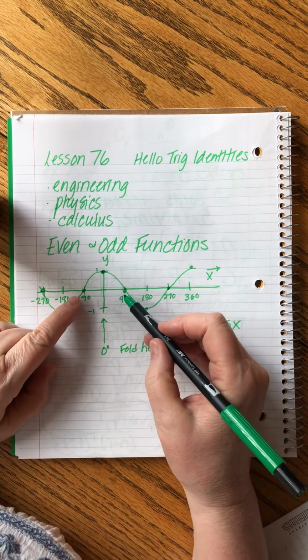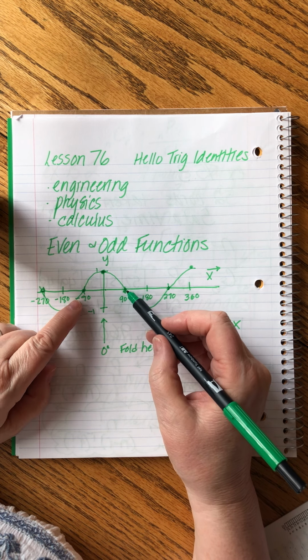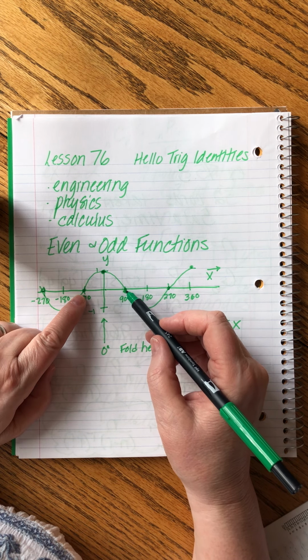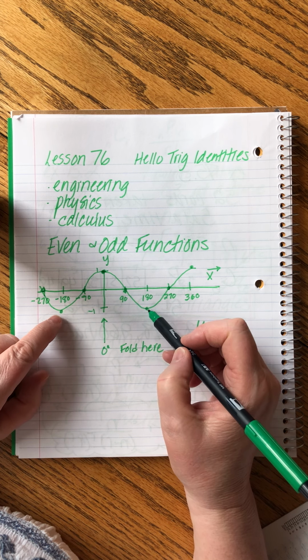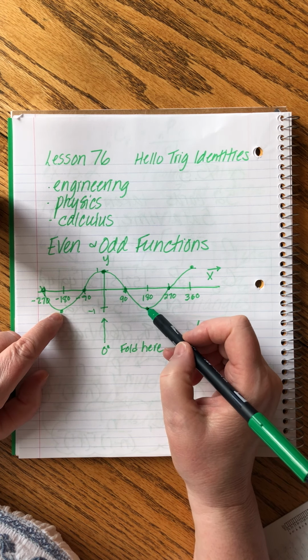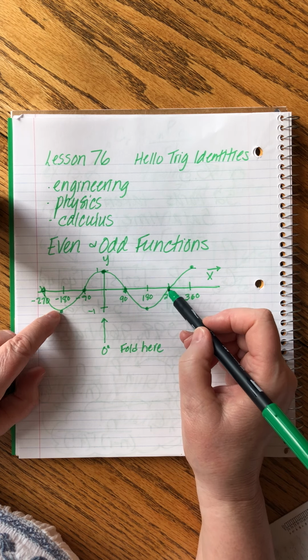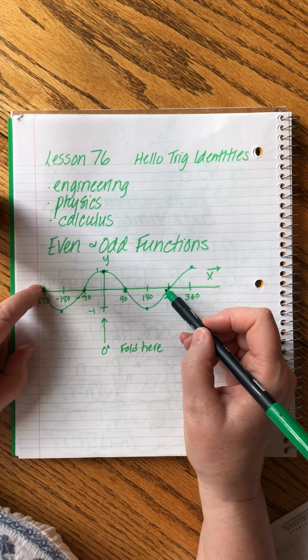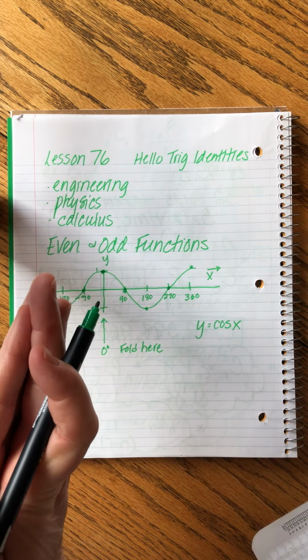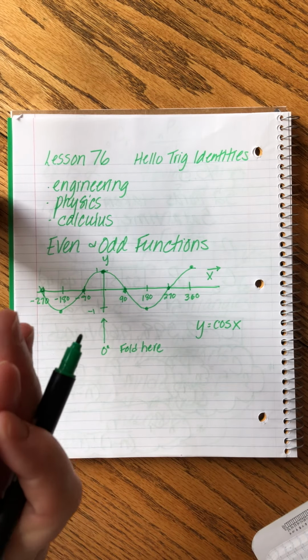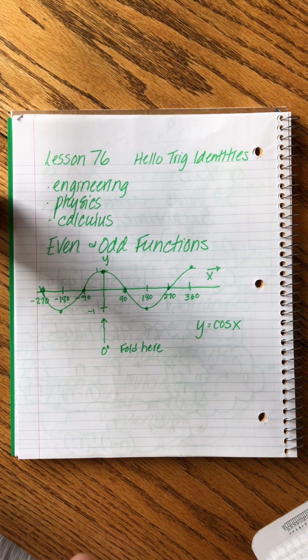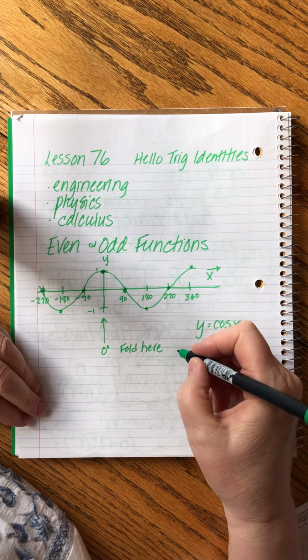Because it's going to be right here. Then when we're 90 degrees out, it'll be the same as minus 90, right? They're both at 0. Then we go down to the low point. That's at 180 and negative 180. And then at 270 and minus 270, we're back up again.